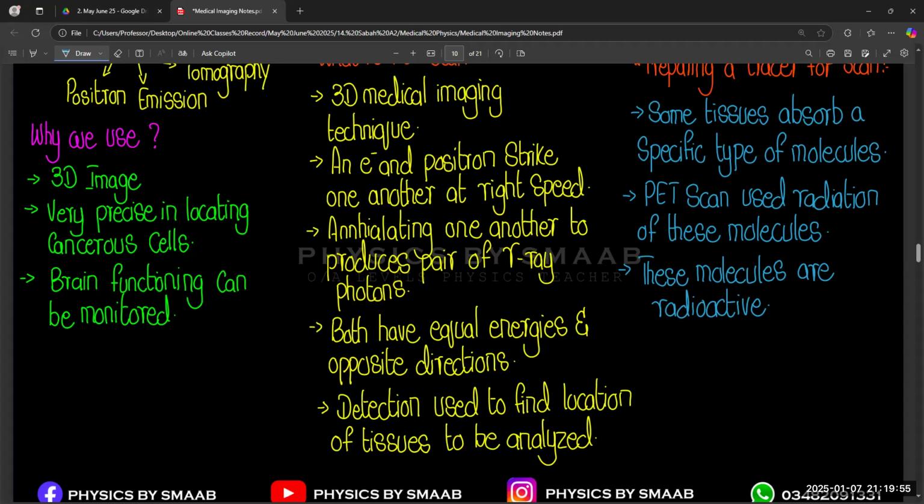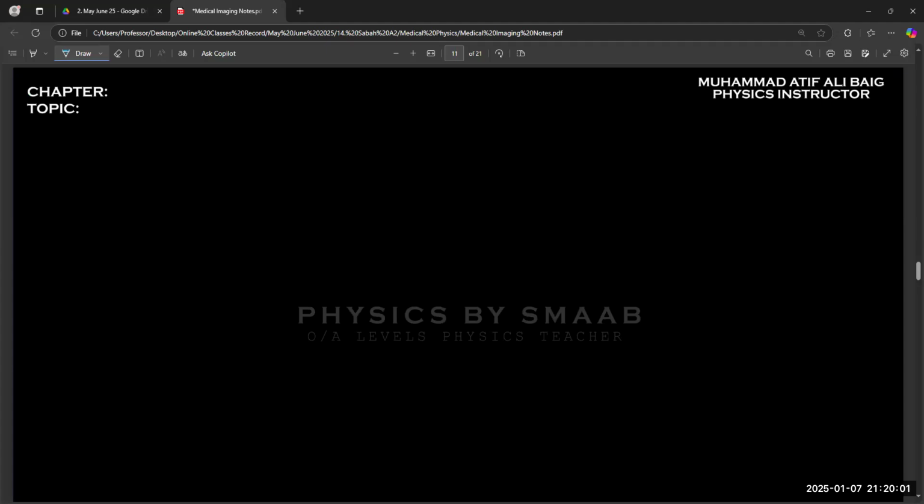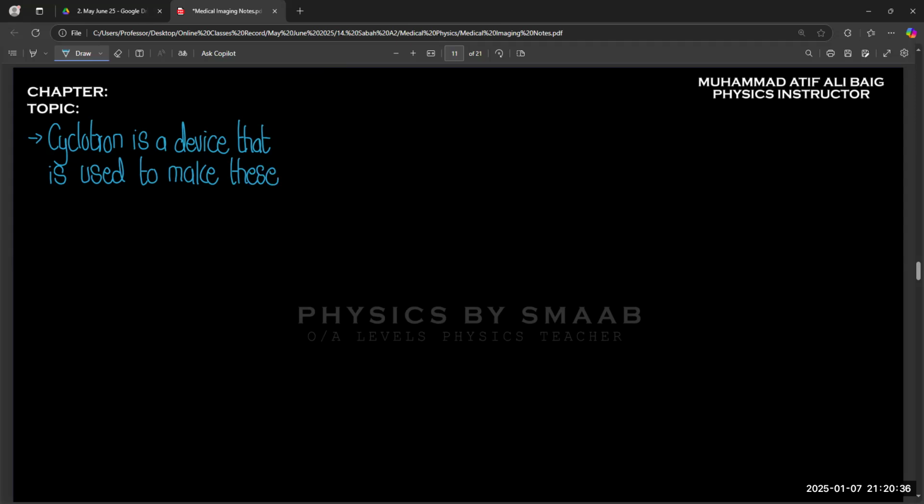So basically, after this, the next thing is the cyclotron, and basically it is a device that is used to make these tracer molecules.